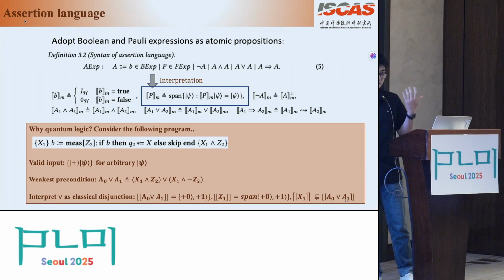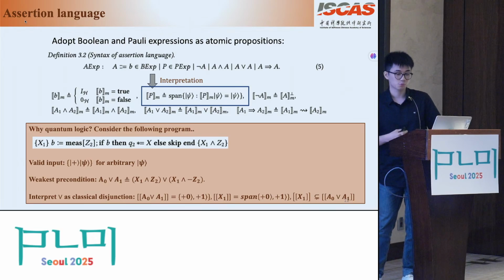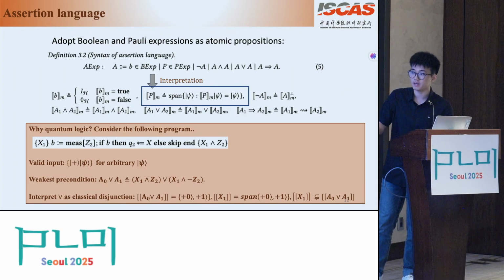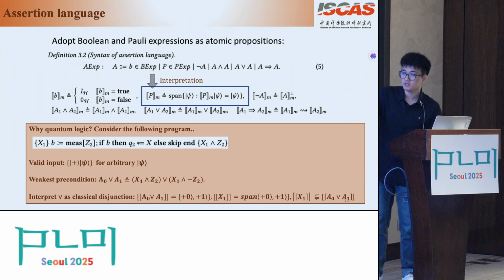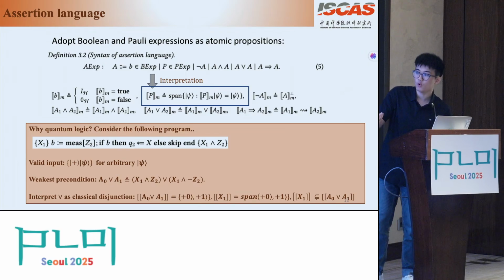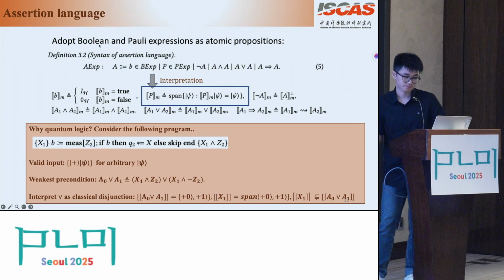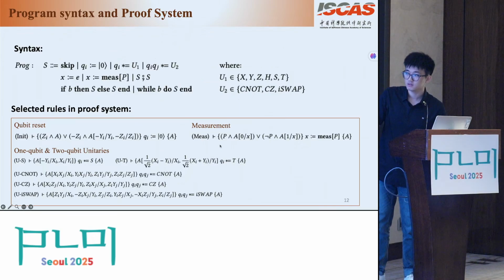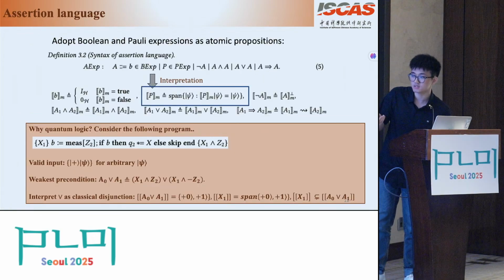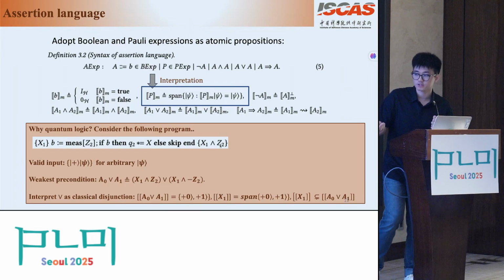However, derivation with the measure and case rule tells us that the weakest precondition will be A0 and A1. If we interpret the OR symbol here as classical disjunction, then the semantics of the weakest precondition is just the set of the eigenvectors +0 or +1, but not the span of them, which induces an error.